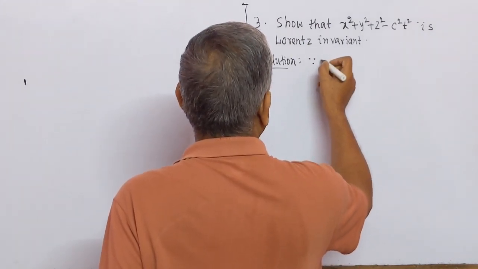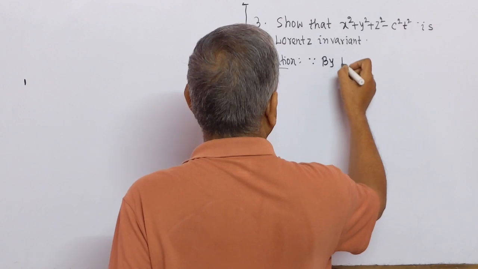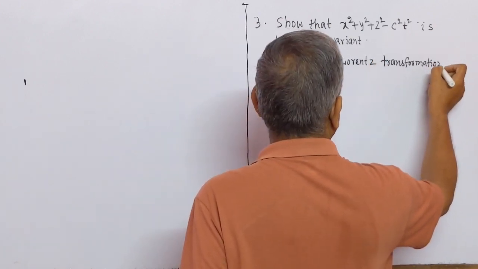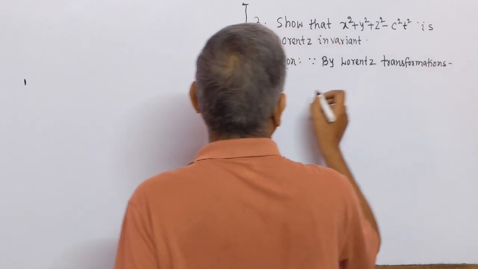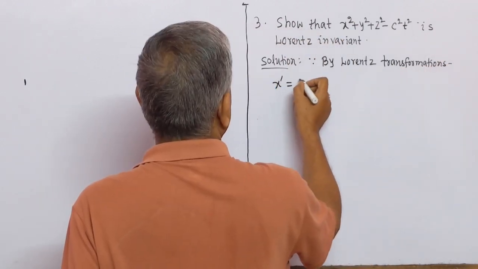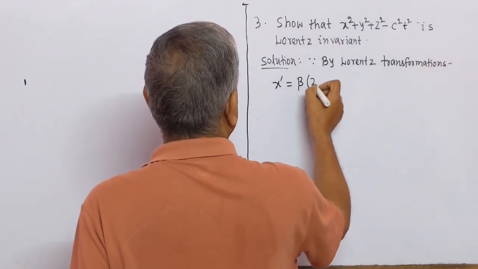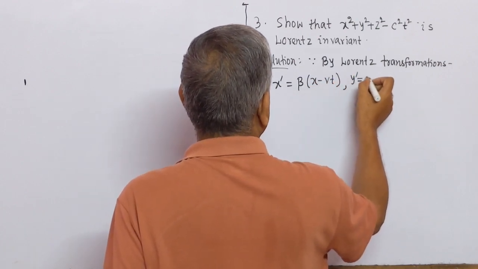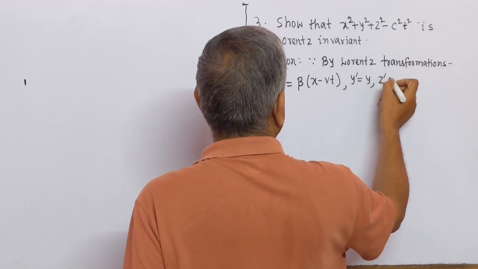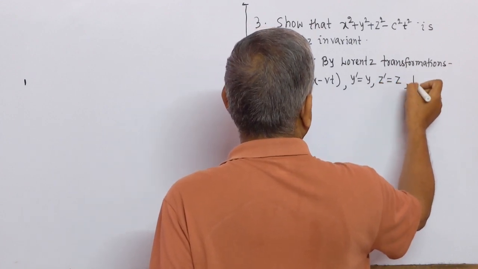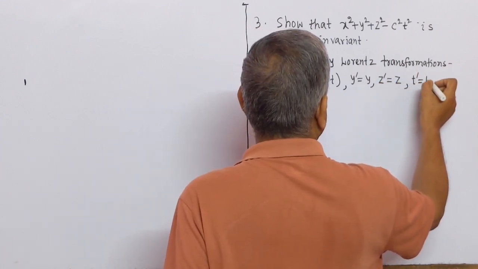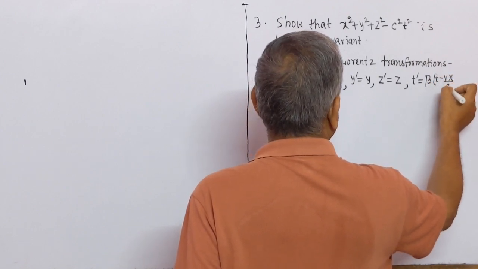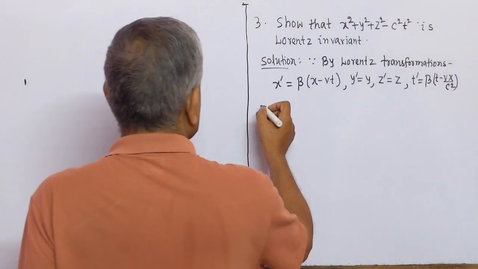Since by Lorentz transformation, x prime equals beta times x minus vt, y prime equals y, z prime equals z, t prime equals beta times t minus vx by c square.